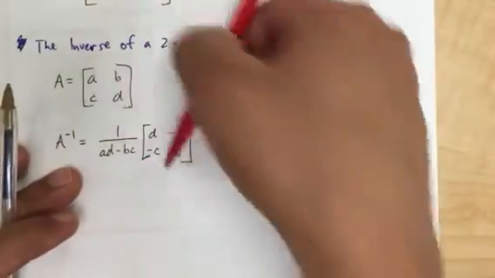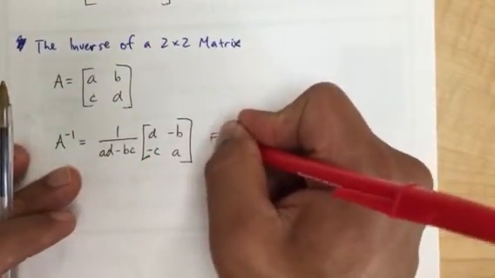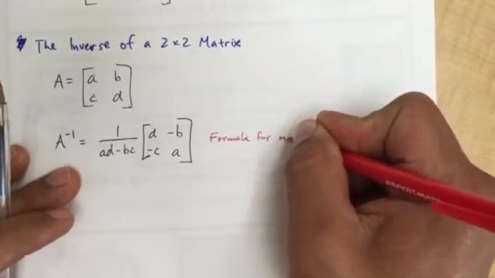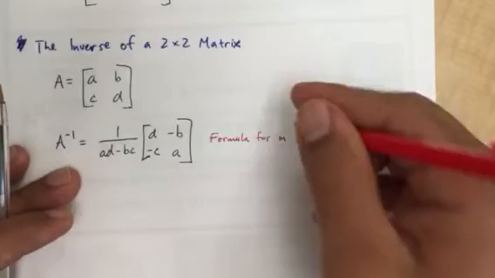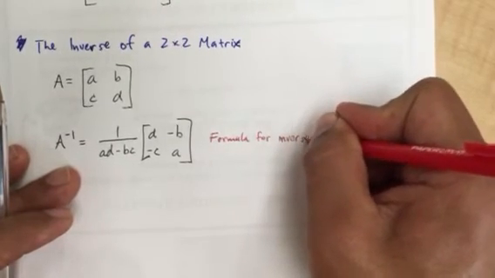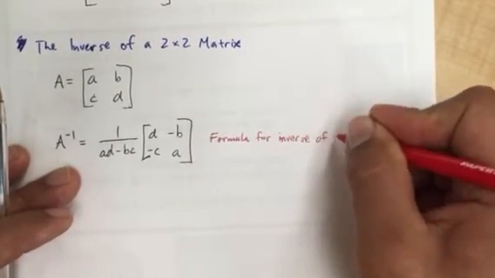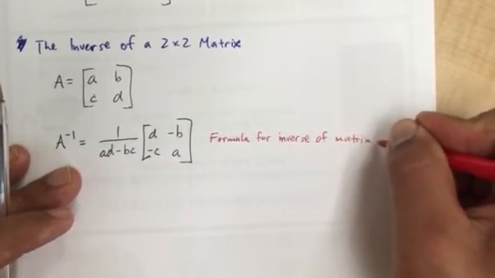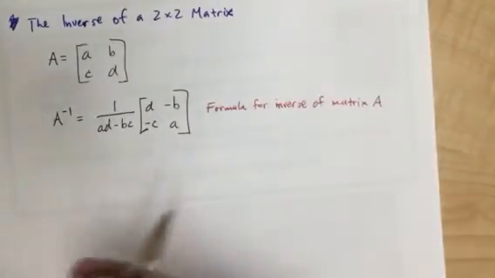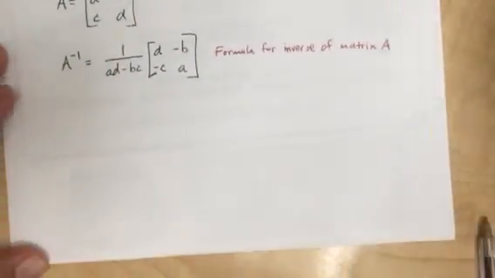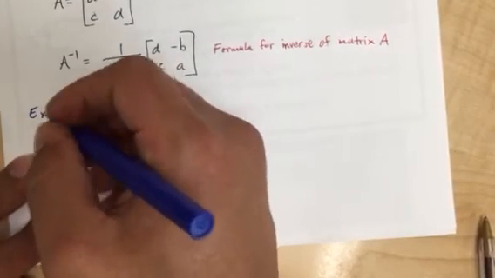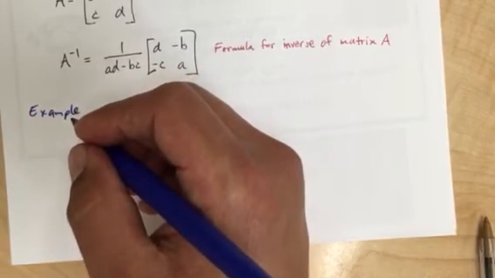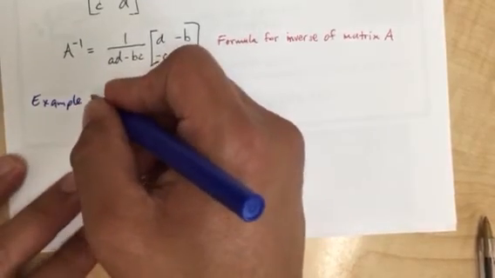So this is the formula for the inverse of matrix A. Let's look at an example here. Example 4.